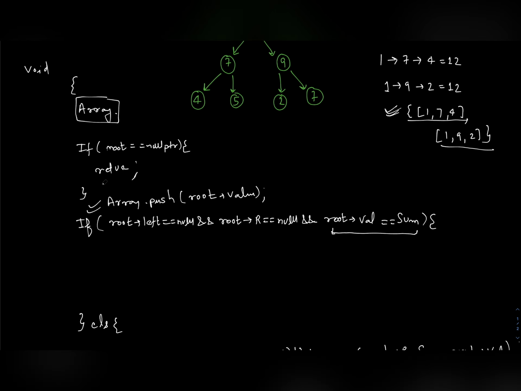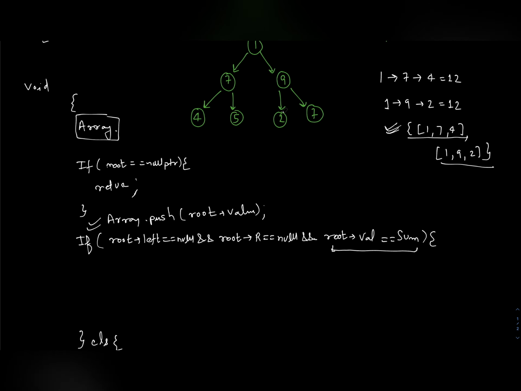Suppose now the root value is 2, and that is going to be 9 minus 1 is 10, and 12 minus 10 is 2. Now this 2 and this leaf node 2 are the same, so it means this is the path. For that, we'll push this array to our 2D array.